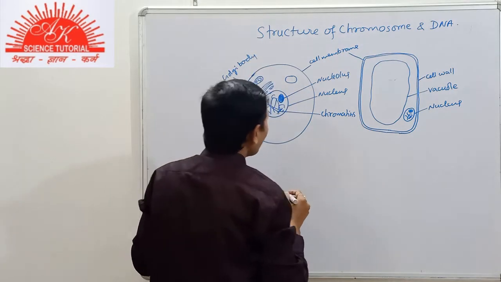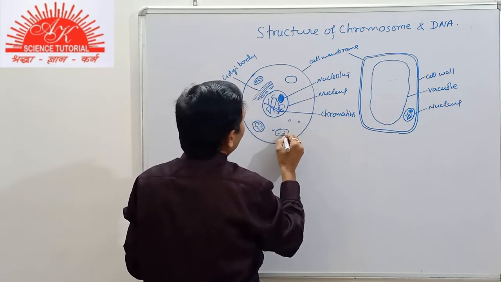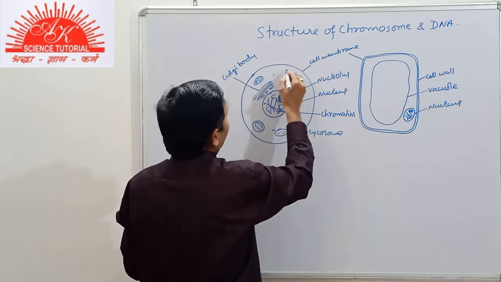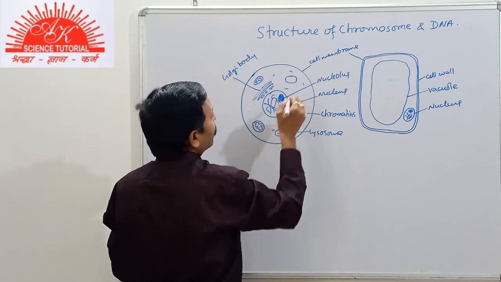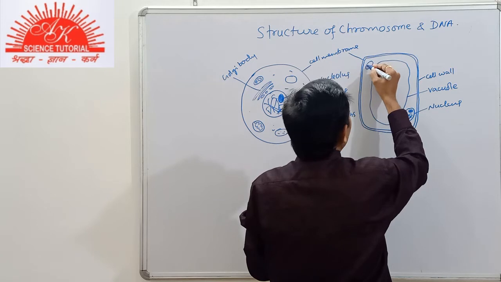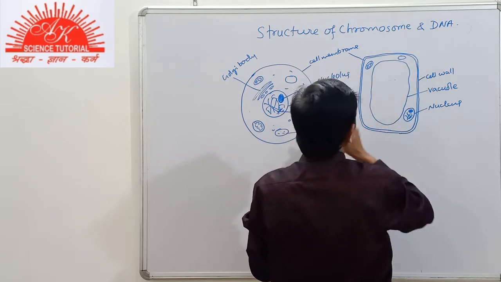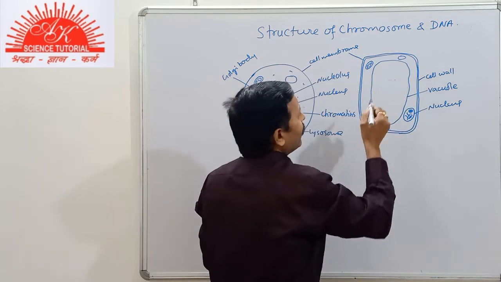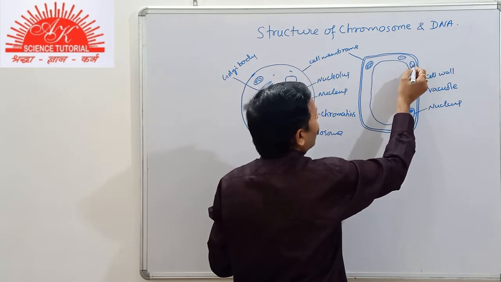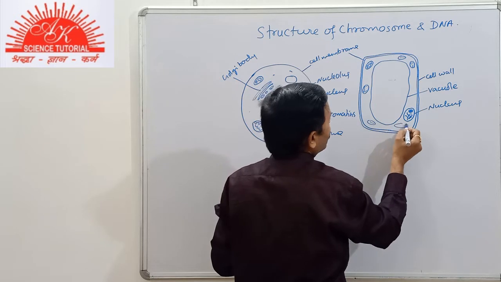There are further other structures like lysosome and other structures. In a plant cell there are mitochondria, but not lysosome, which is found only in animal cell, and then there are small structures in large quantity, that is, suppose, chloroplasts.